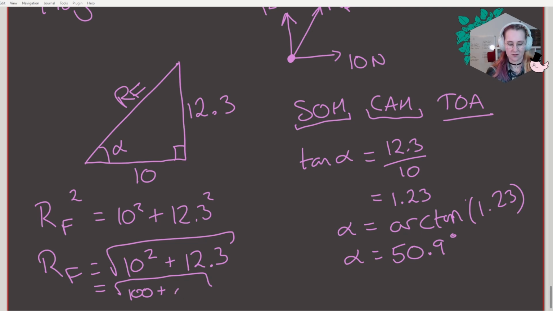That makes so much of a difference. Oh yeah, it's not just 0.3 squared plus 12 squared. That was a big mistake. Whoops. Right, square root of that. 10 squared plus 12.3 squared is 15.9 newtons.